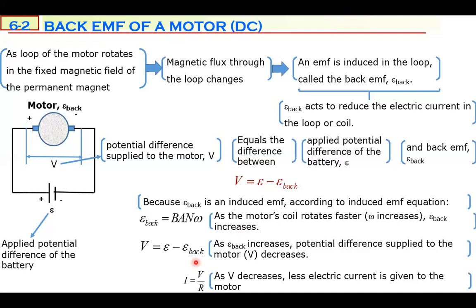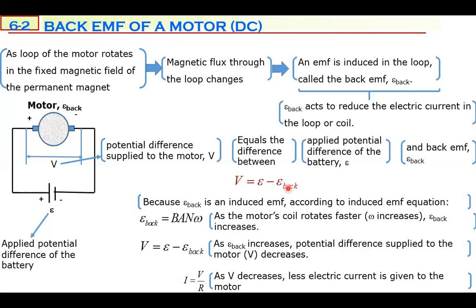If back EMF increases, because the battery's EMF is constant, 1.5 volts for example, then the potential difference supplied to the motor must decrease. So the potential difference supplied to the motor decreases according to Ohm's law. If this V is decreasing, because the resistance of the motor is constant, I must decrease. This part is very important because there are some questions asked about it.